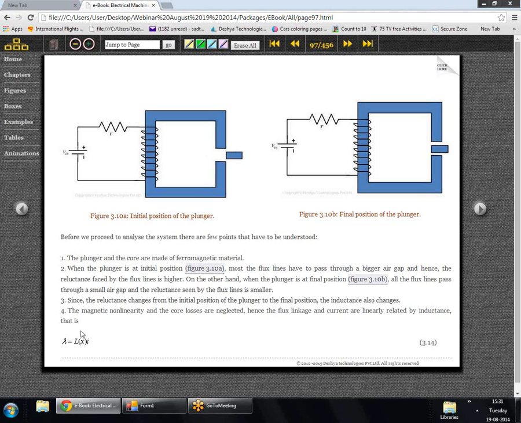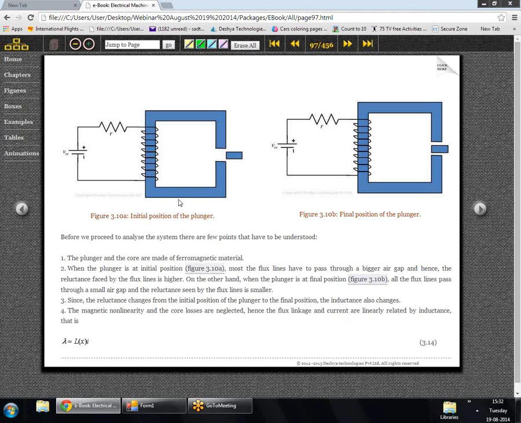Now if we see this entire system, then the relation between the flux linkage, the inductance and the current is shown in equation 3.14. So the flux linked by the coils which are wrapped around the ferromagnetic material is equal to inductance L into I. And if we see here very carefully, the inductance is also a function of the position of the plunger.